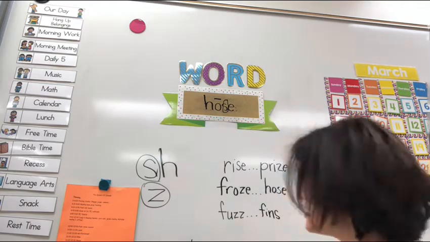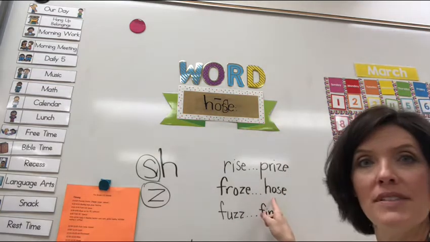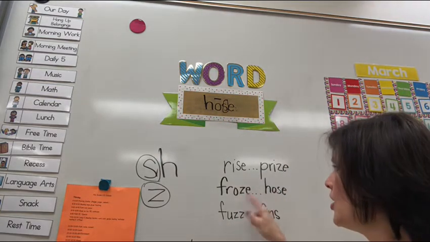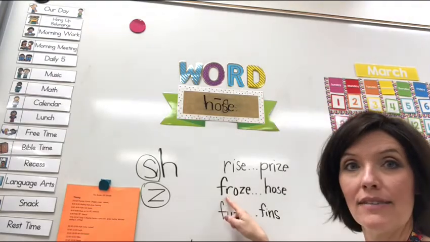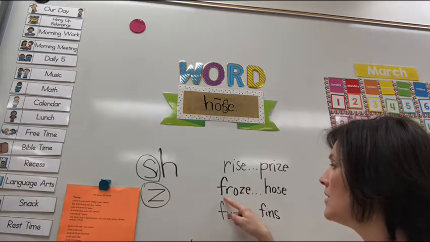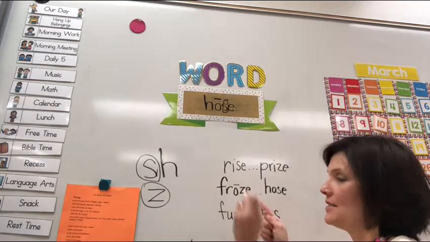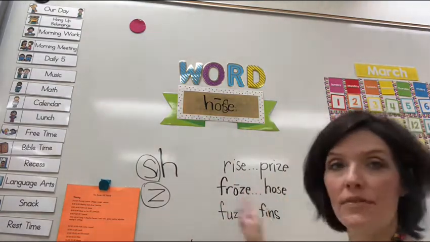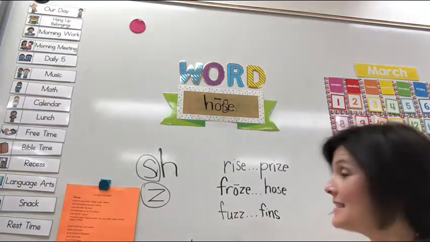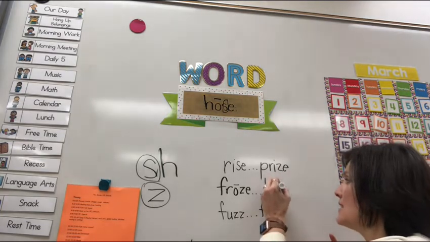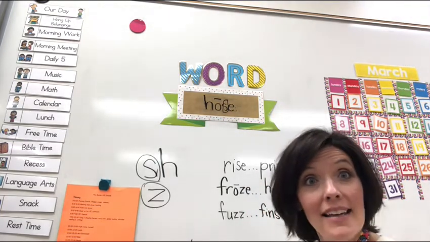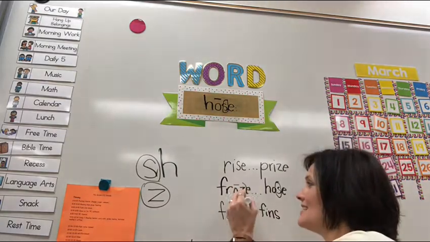Hose. Now here's a word that I put with hose that rhymes with hose. Hose, like frog, right? O's. I have a silent E, so it's going to be a long O. Hose and froze. Now, hose has an S. That's our Z sound. But froze has a Z. That's our Z sound.